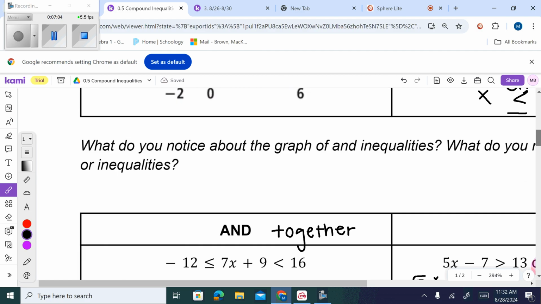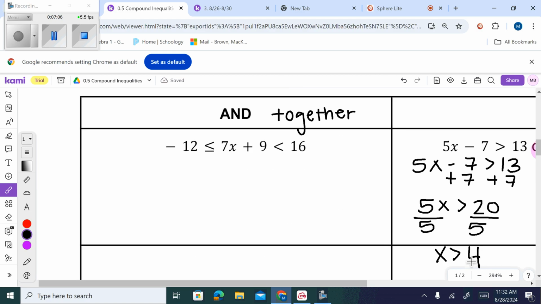Alright, the only thing that's kind of weird about this is there's no and. Do y'all see how they didn't write and? If I'm having peanut butter and jelly, that means they're going to be together, right? So they are going to share the 7x plus 9.